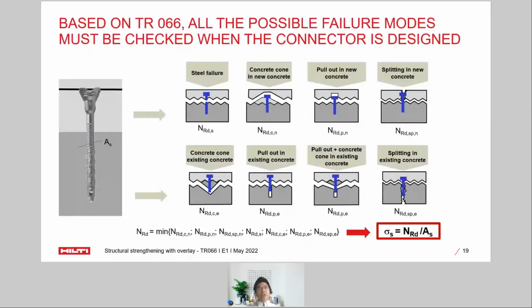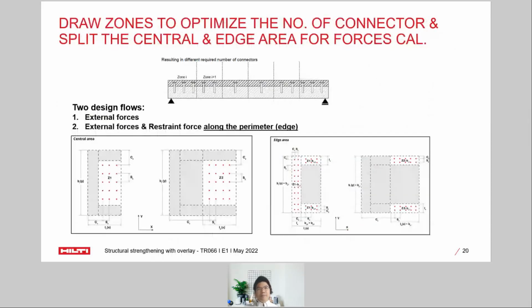After we talk about that, let's move forward to the second design flow, which mainly considers the edge area, or so-called along the perimeters. Here we have to consider the external forces and the restraint force due to strain.